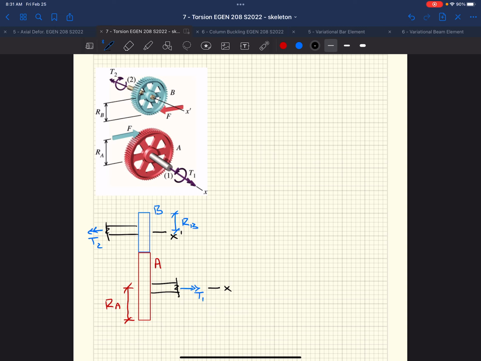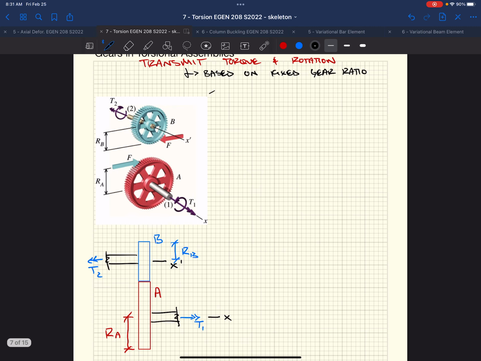Gear B is pushing on gear A the same amount as gear A is pushing on gear B. So this is a gear system in equilibrium, right?